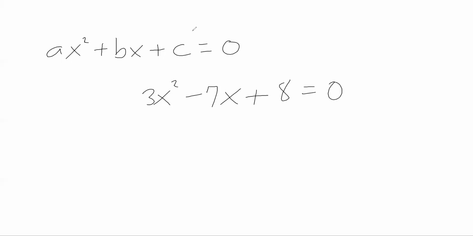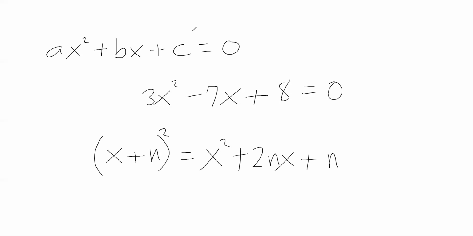Now, the key here is I'm going to make use of the fact that if you have some number, which we'll call x, and you add to that some other number, which I'll call n for number, and you square that and FOIL it out, you get x squared plus twice the n times x plus the square of the n.